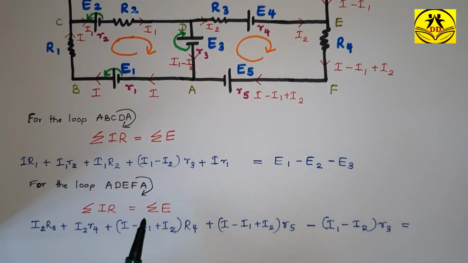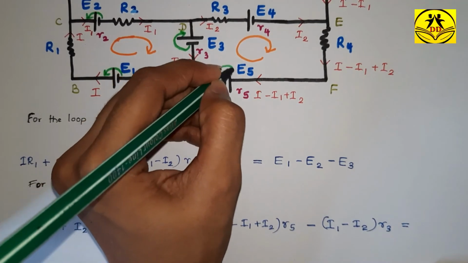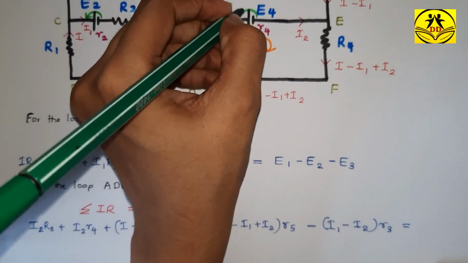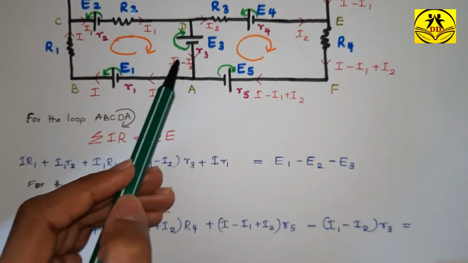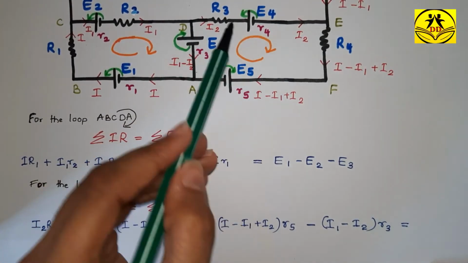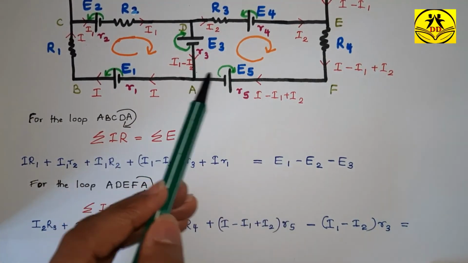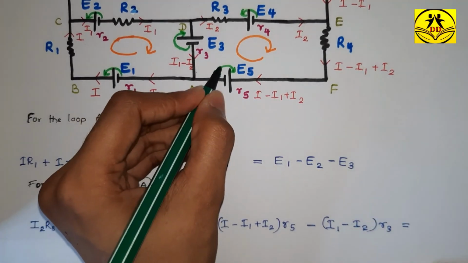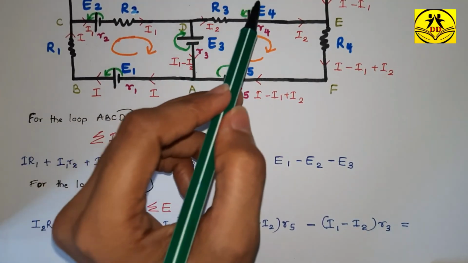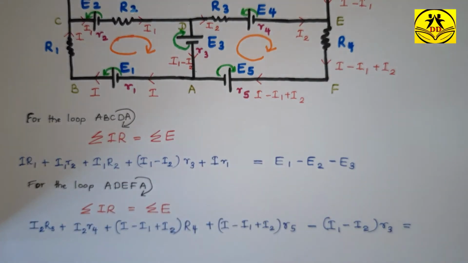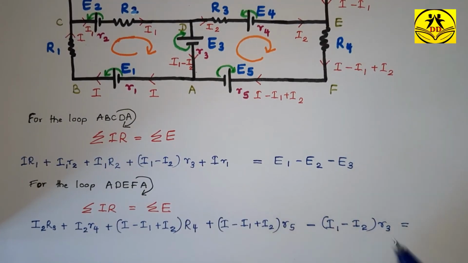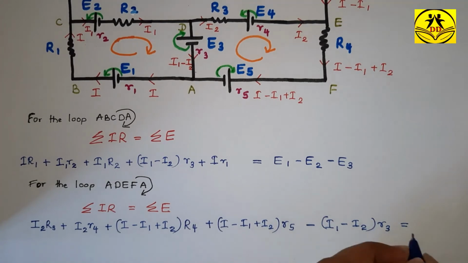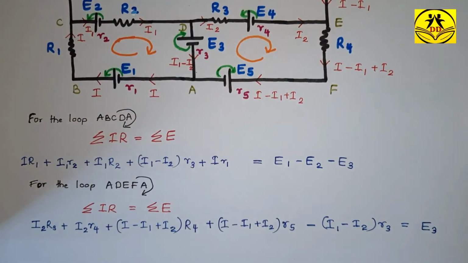And the next step is finding the algebraic sum of EMFs. So you have to mark the direction of EMFs, negative to positive. So this is to the same direction of the loop, this is to the opposite direction, this is to the opposite direction of the loop we consider. So this is positive and these two are negative. Can be written as E3 is positive.